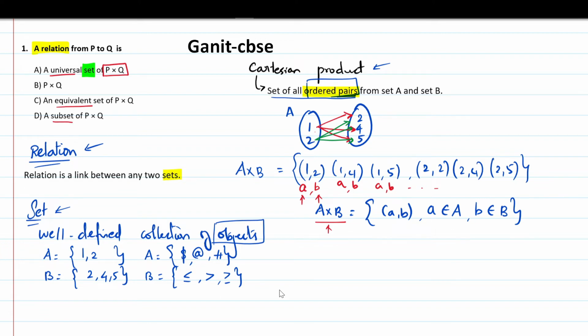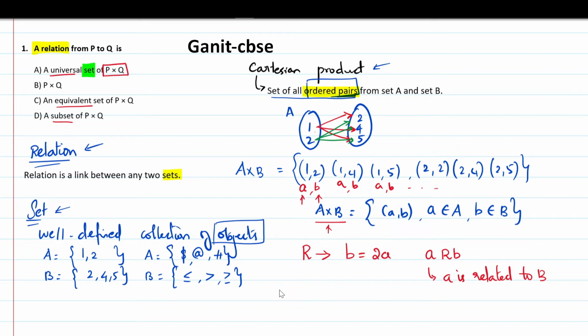Before that, when I have a relation, for example, a relation R where b is equal to 2a, I can write this as a is related to b.